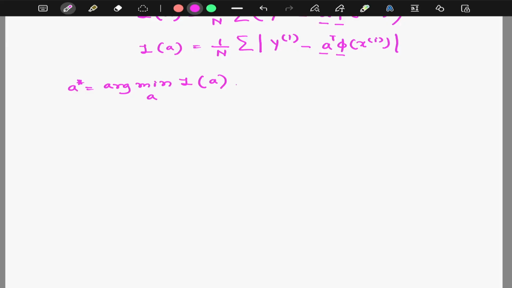The first one, the easiest one, is you take the derivative of this, equate it to 0, and solve it analytically. The obvious one that we study in school: equate the gradient to 0 and solve that equation analytically, if you can, and that gives you the optima. Obviously, we need to check the second derivative to see whether it is a minima or maxima, but that's there. Okay. The problem, however, is that you will not always be able to solve this analytically.